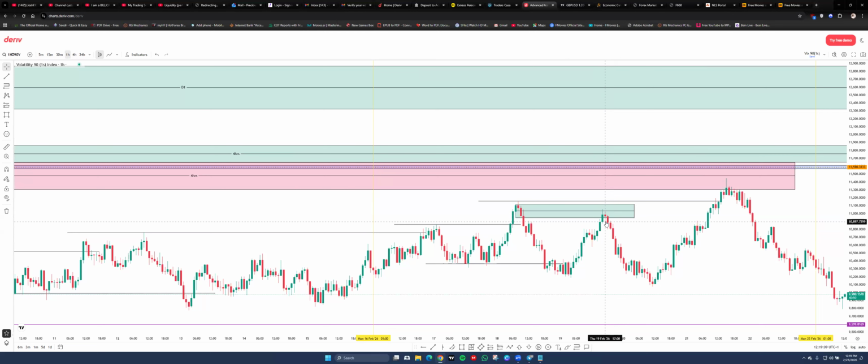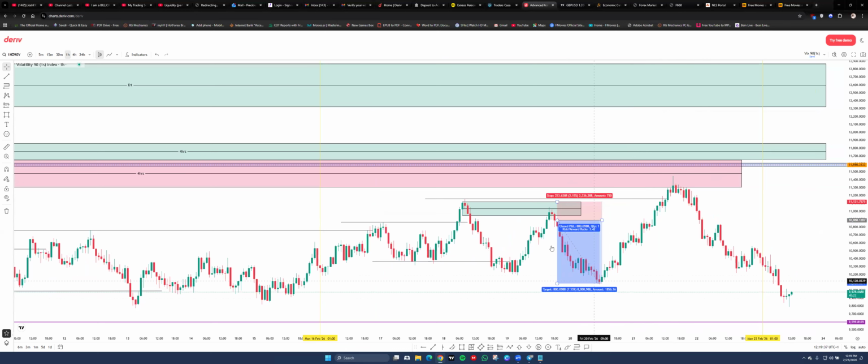You could take this trade, and if you put your stop above here, you would have made an easy 1:3, 1:4. Or let's say you put your stop just at this point, to be careful. An easy 1:3 was made at this point, right? 1:2, 1:3. So you would have made profit if you had taken this one here.